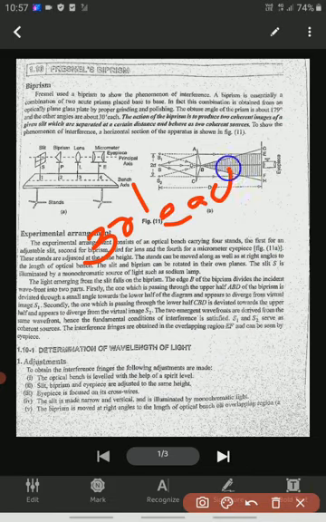We measure angles in degrees, radians, or also in seconds.